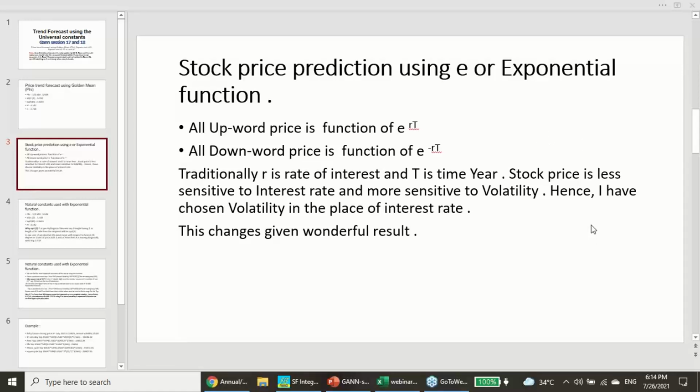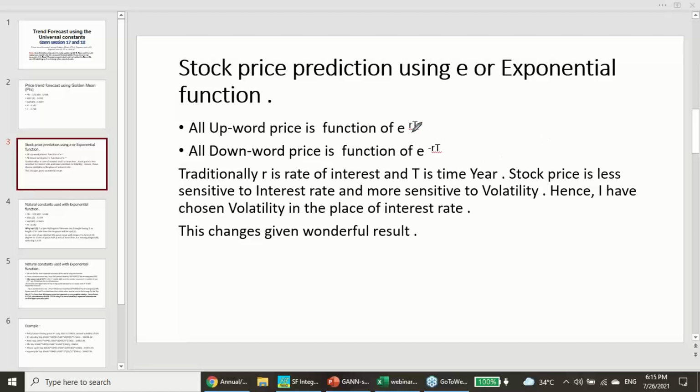Using the interest rate, we are just getting a fair price which is convenient to us, only to show some mathematical value. However, once you change this interest rate with volatility, it makes real sense: the stock has this much volatility and it can show this much movement.